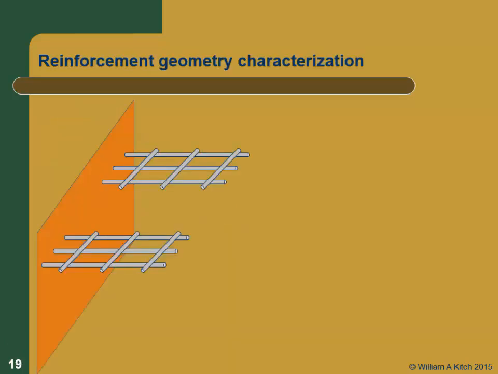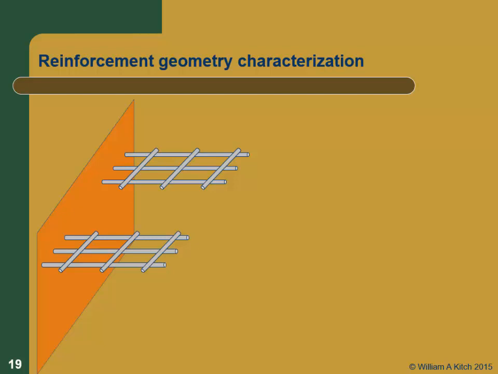Okay, now let's talk about how we characterize the geometry. We talked about the dimensions of the reinforcement properties from a micro sense. Now we're going to talk about a macro sense, its geometry in terms of the whole wall as opposed to a single piece of reinforcement.